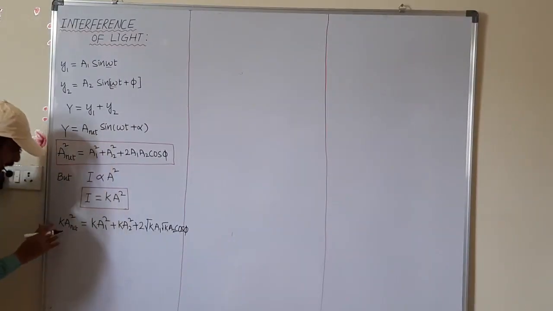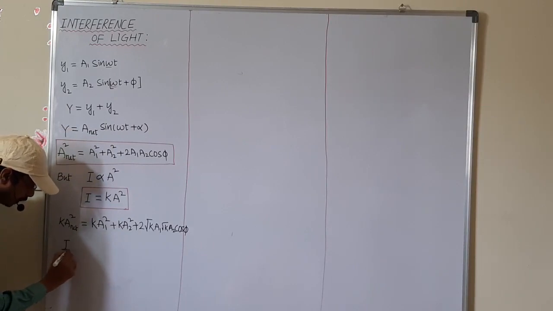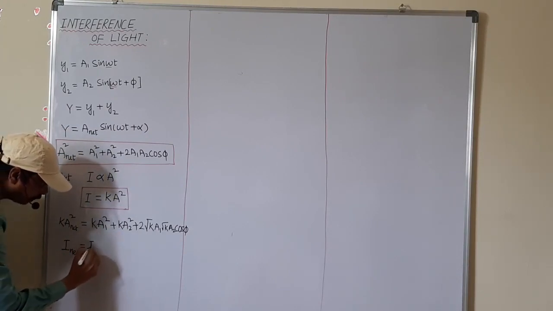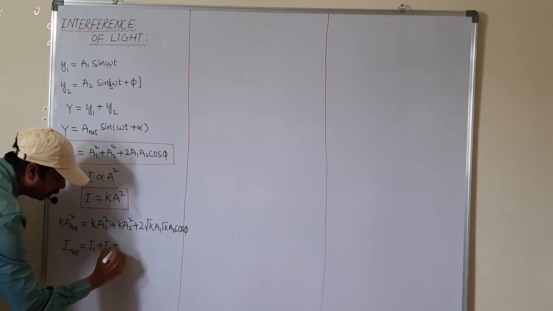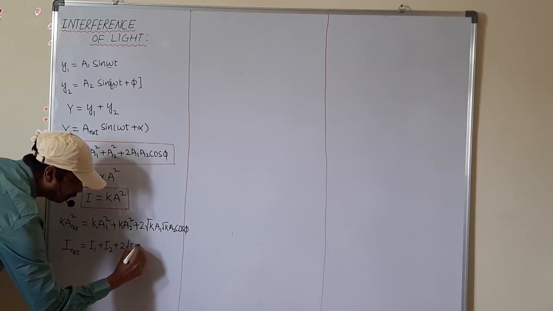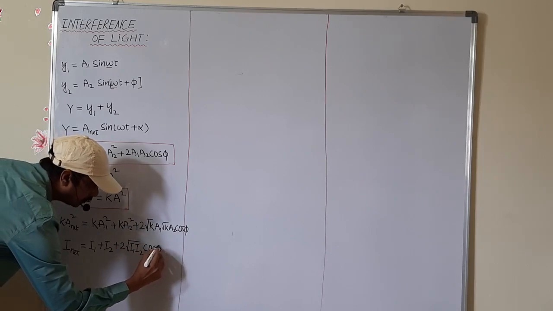K A squared we can write as I net. Then this value I can write as I1 plus I2 plus 2 root I1 I2 cos phi.